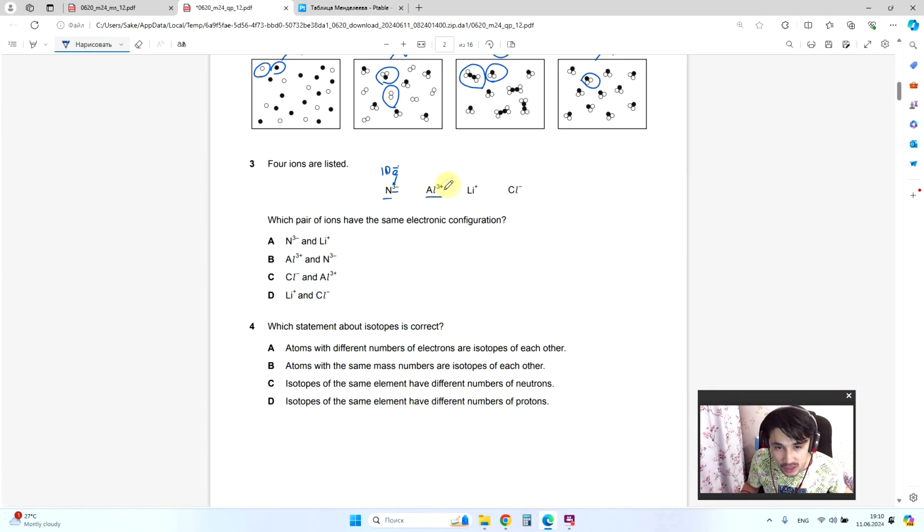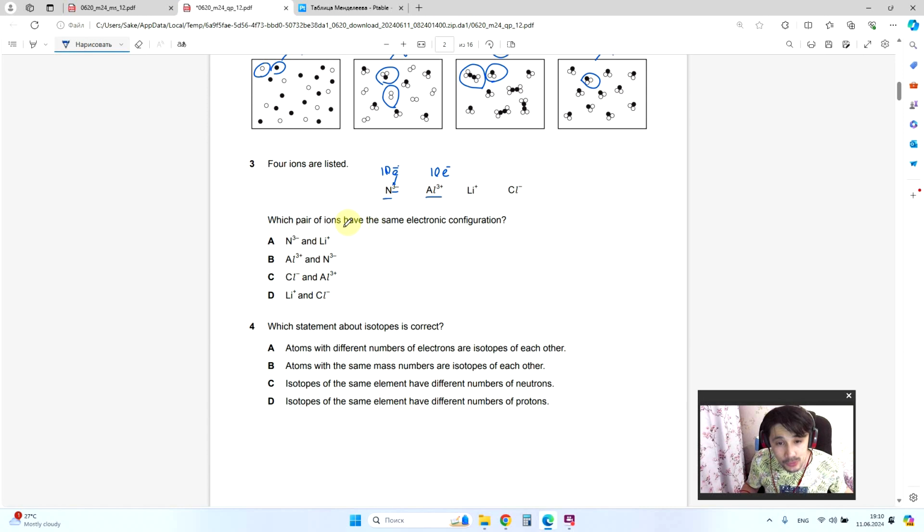We have aluminium ion, but now we have a positive ion. So positive ions are produced when electrons are lost, and also this number refers to the number of electrons lost. So 3 plus means there are 3 electrons lost, and 13 minus 3 gives you 10 electrons in that case.